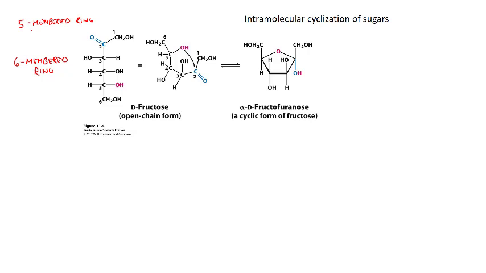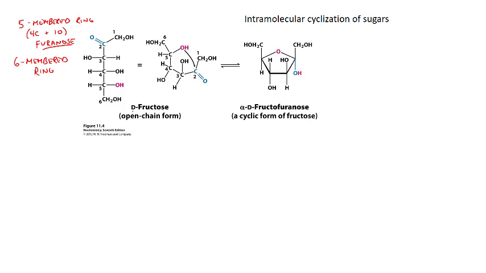So if you get a 5-membered ring, it's always going to be 4 carbons in the ring and 1 oxygen in the ring. And when you form a 5-membered ring of this sort, that type of ring is referred to as a furanose, by analogy to furan, the cyclic ether.